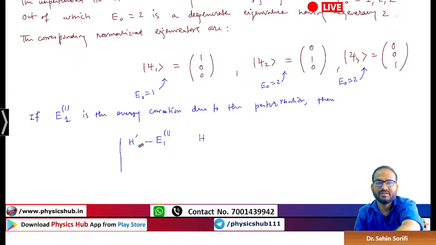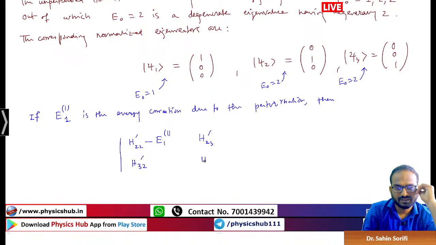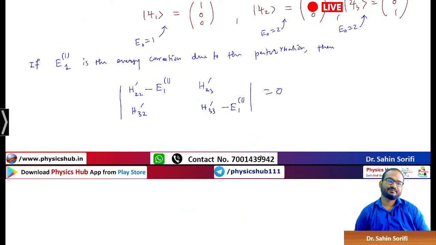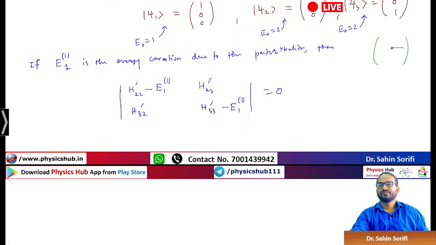So that is why we are writing H22 prime, then H23 prime, H32 prime, H33 prime minus En1, equals 0. Is it clear or not? Because we are looking for two values of the correction, only that lower part is taken. Understood? This part.